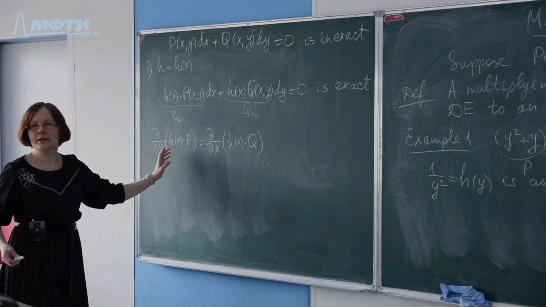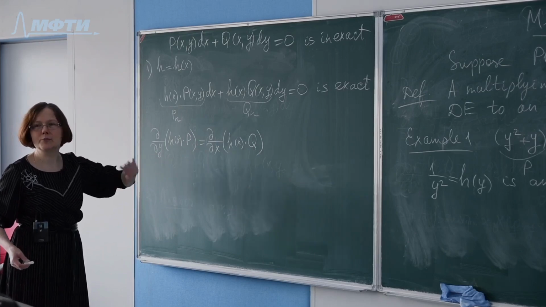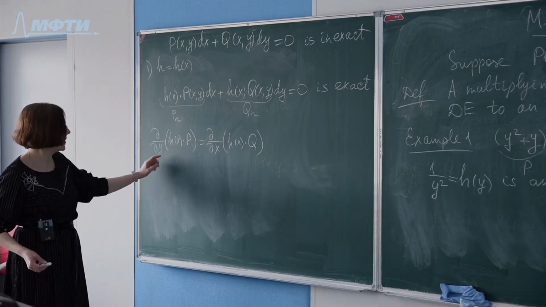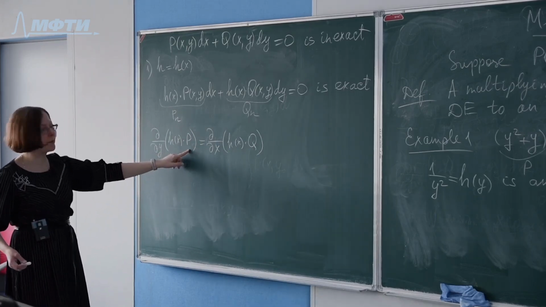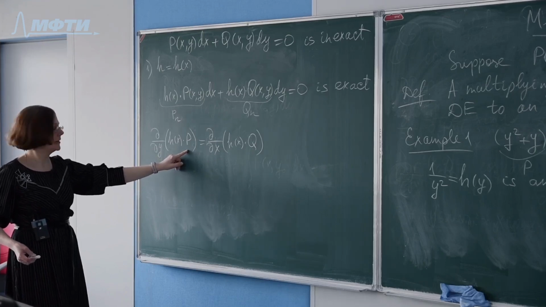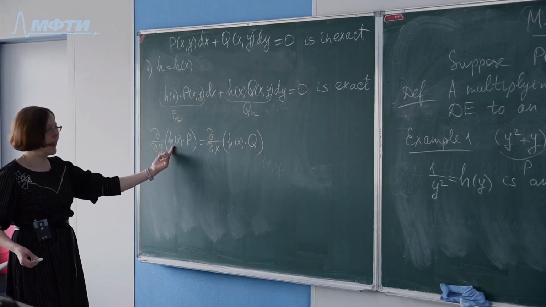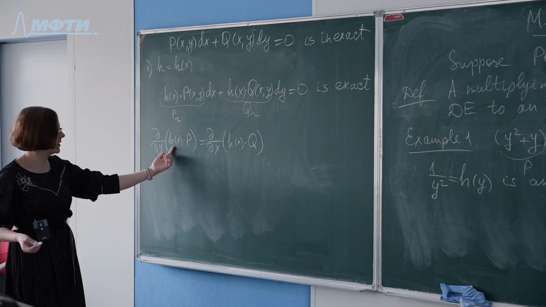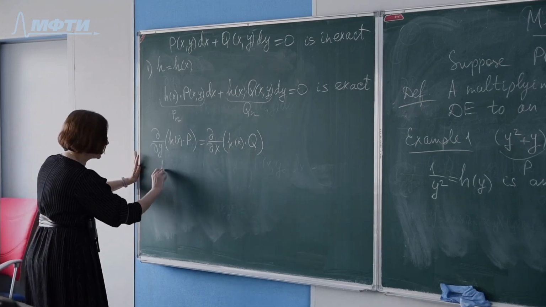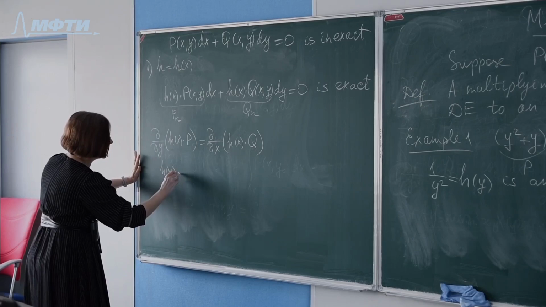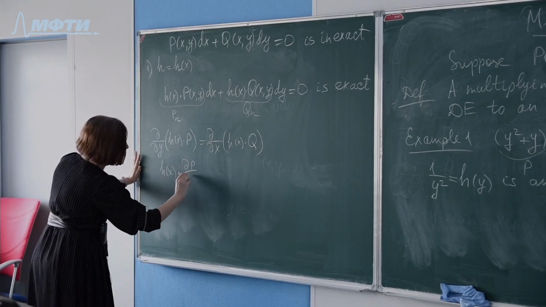Let's find the partial derivatives in both sides. So the partial derivative of this expression with respect to y first. But h doesn't depend on y. So this is just a constant, h of x times dP over dy.